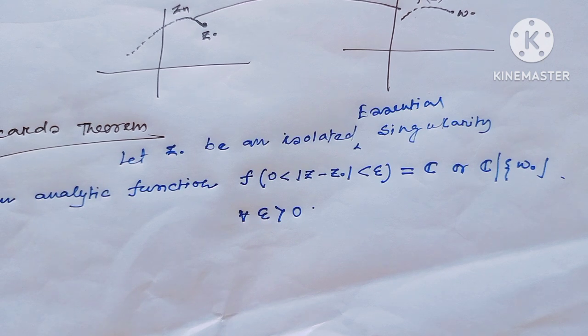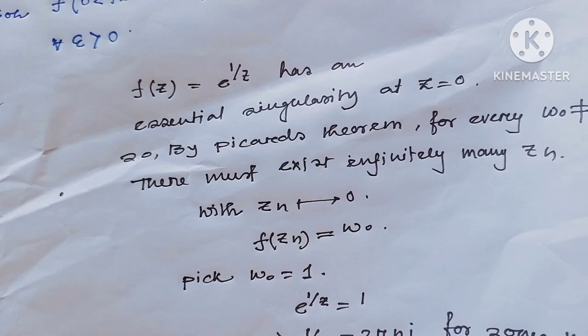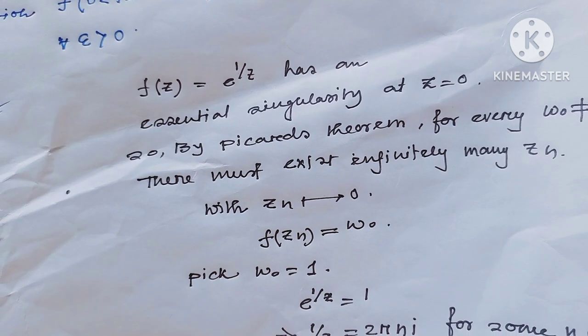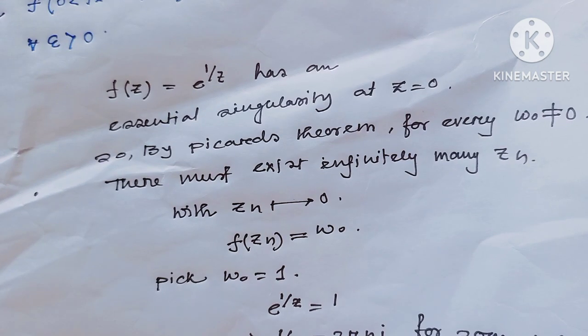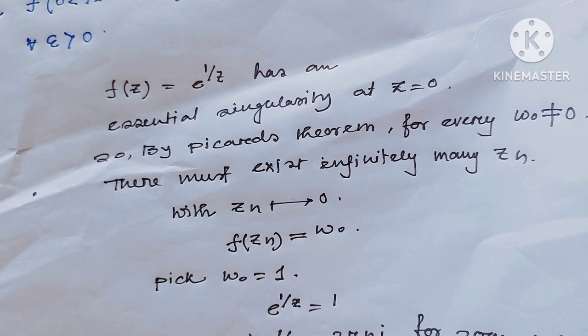Okay, let's see one example. Consider f(z) = e^(1/z), which has an essential singularity at the point z = 0. So by Picard's theorem, for every w0 not equal to 0, there must exist infinitely many z_n with z_n going to 0 such that f(z_n) = w0.